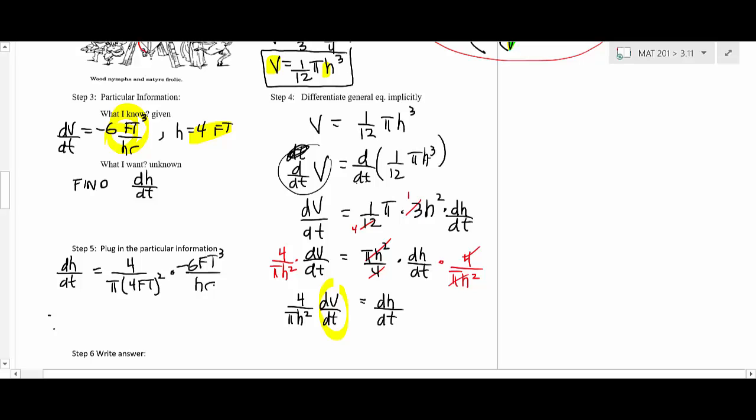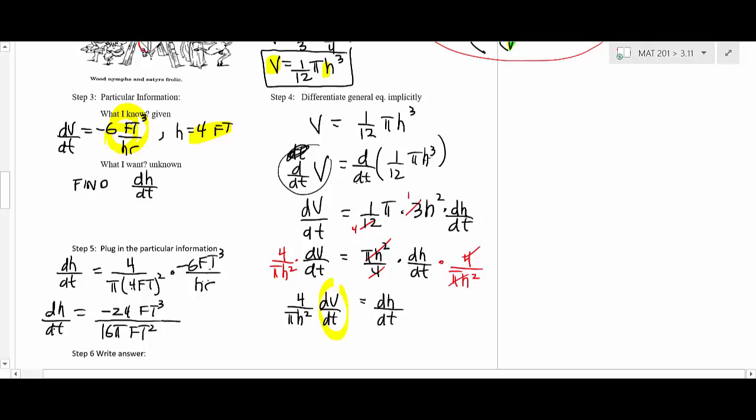We're going to use a calculator mostly on this to see what we get. Okay, so let's write a couple more steps, and then we'll use our calculator. So looks like I'm going to have -24 cubic feet in the numerator. Then I've got 16 pi, 4 to the second, and then pi, square feet.